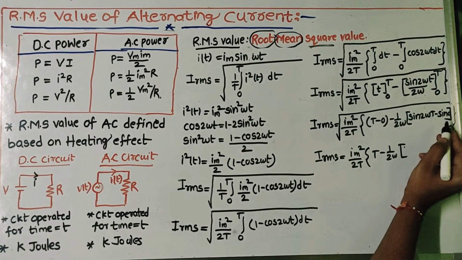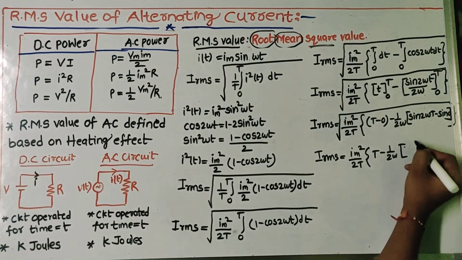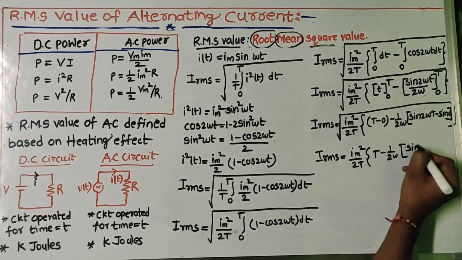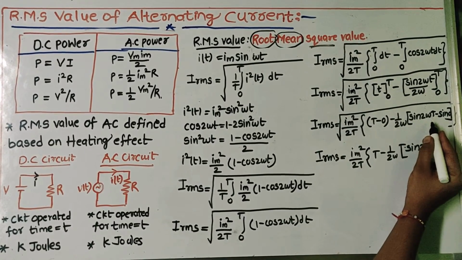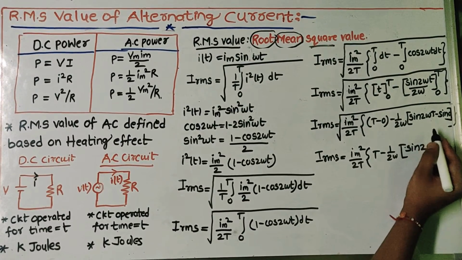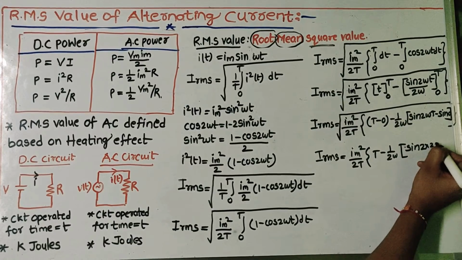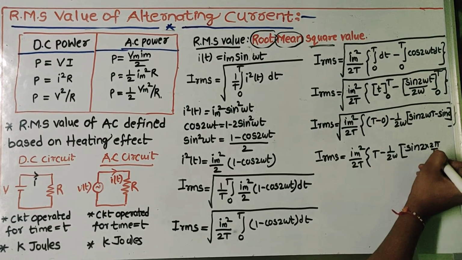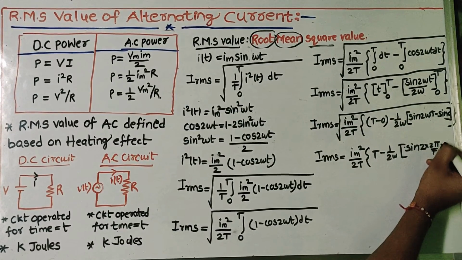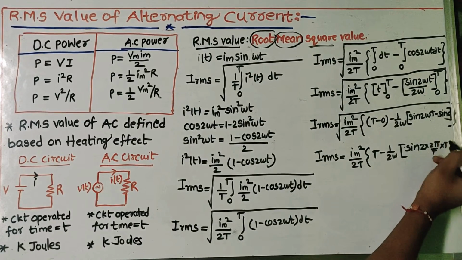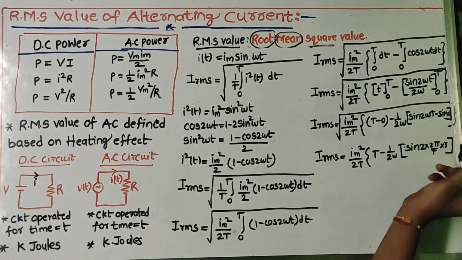The sin 0 value is 0 only. So sin 2 omega T means sin of 2 in the place of omega. We know the value of omega, which is nothing but 2 pi by T. Substitute the value of omega, that is 2 pi by T, into T. The minus 0 we need not write here.